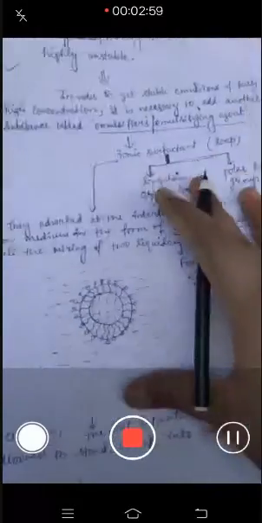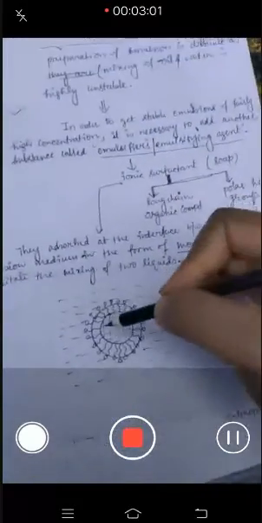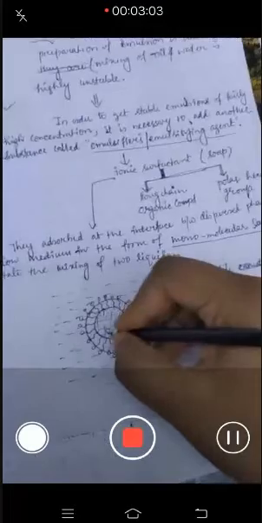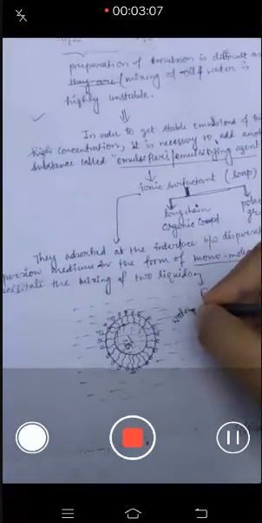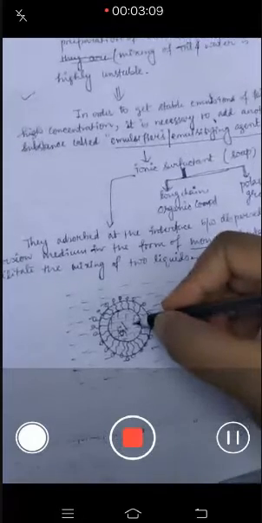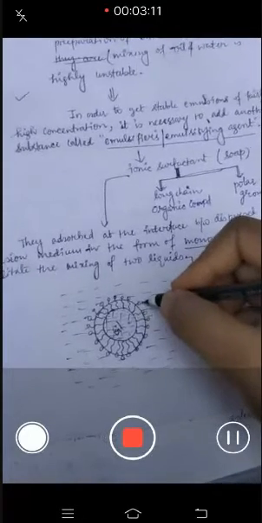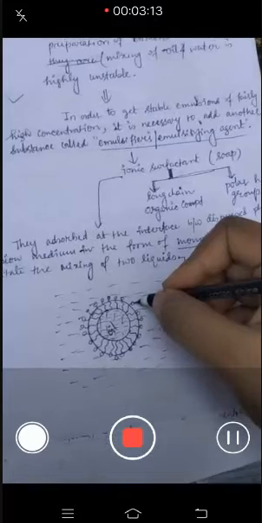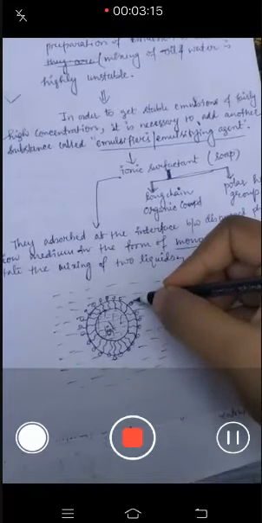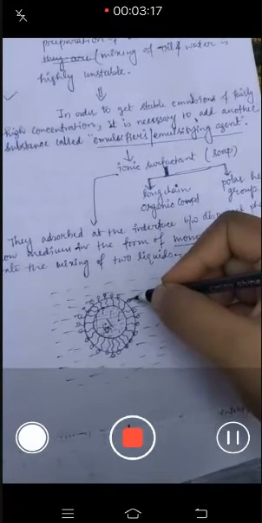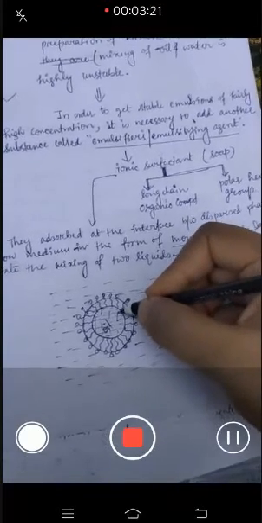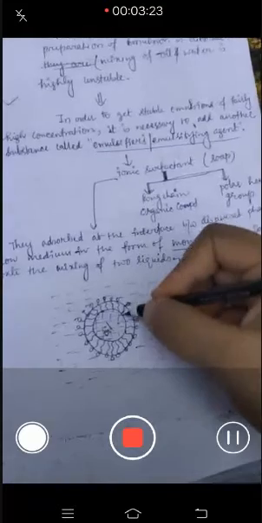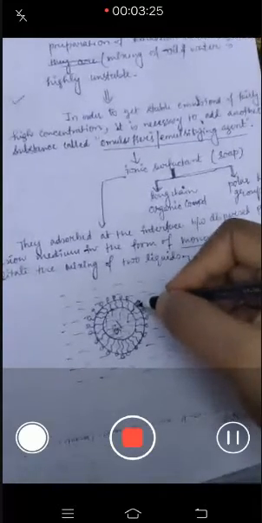You see here from the figure, if I say this is your oil and the outside is water, then this emulsifier has a polar as well as a non-polar side. This is the polar head, which is positive or negative, that is the charged polar portion, and this is the non-polar portion, basically the hydrocarbon tail.